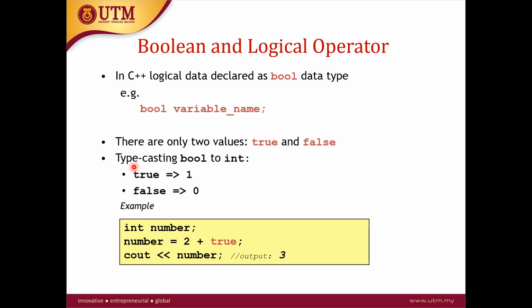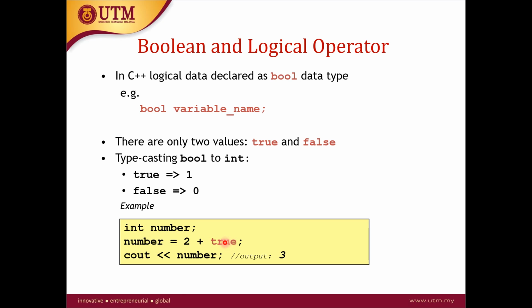Those true and false values are converted to 1 and 0 when we are doing typecasting. When we are casting a type from Boolean to integer, true becomes 1 and false becomes 0. For example, int number: this variable's type is integer and its name is number. Number equals 2 plus true.